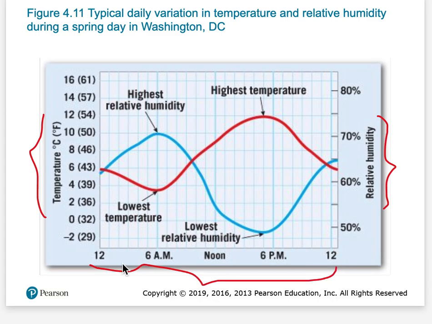So we tend to find the highest relative humidity in the coldest part of the day, which is just before sunrise, around sunrise, so at 6 a.m. And then we tend to find the lowest relative humidity when the temperature is high in the evening time or late afternoon.